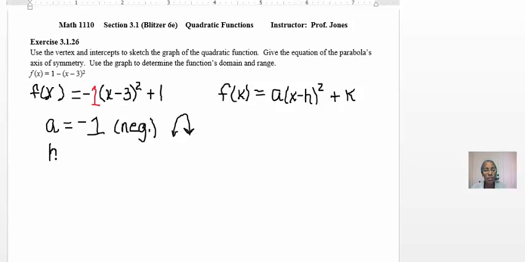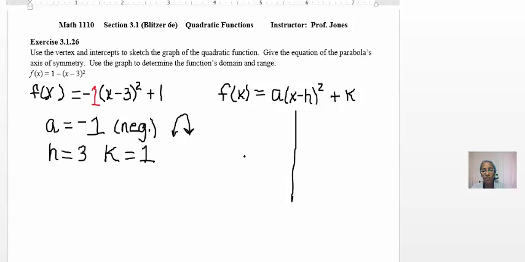Notice h is a positive 3, since I'm subtracting a positive 3 from x. K is whatever is being added to this quantity that's being squared, and in this case, that's a 1. So k is 1, h is 3. So we have some real important information here about our graph. We know how it opens and we know its vertex.